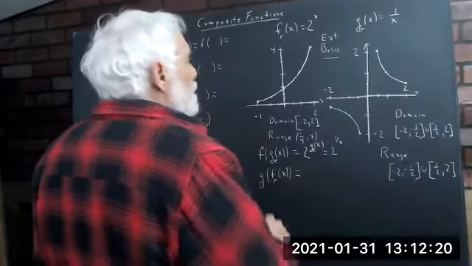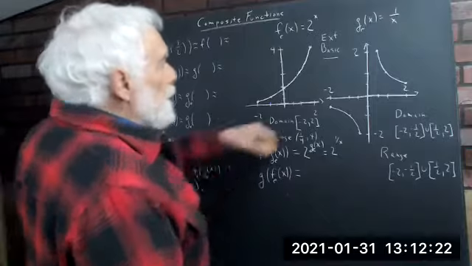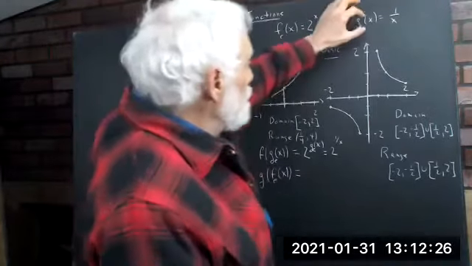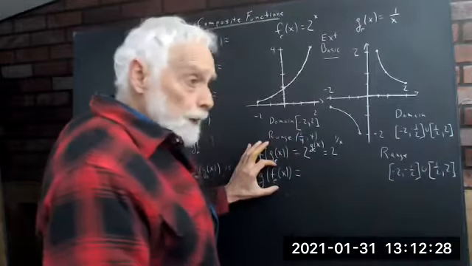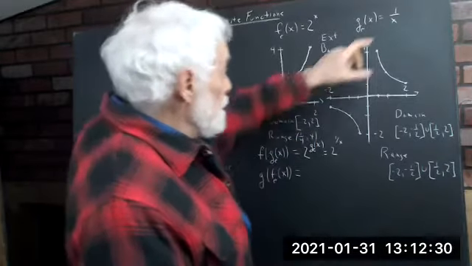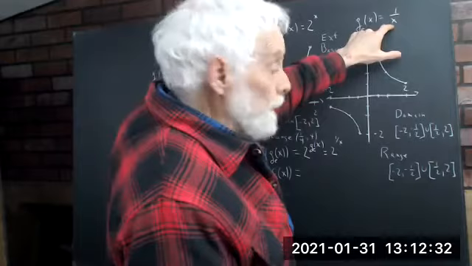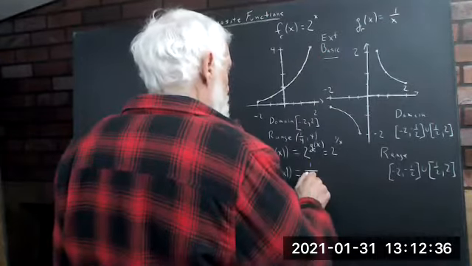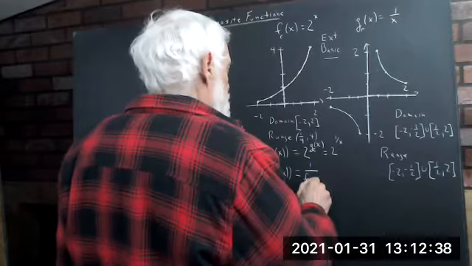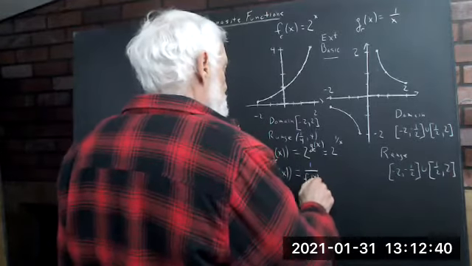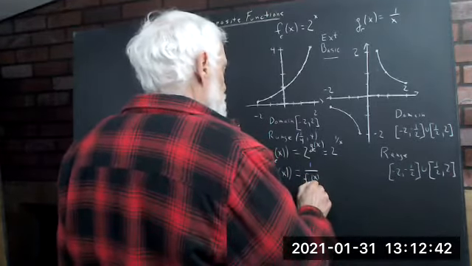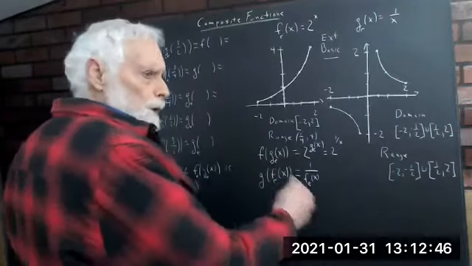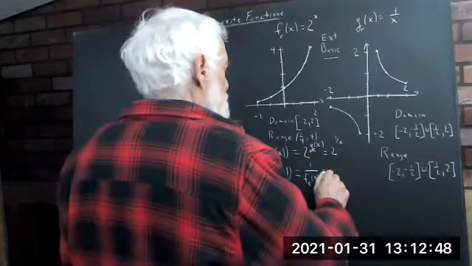And g of f sub e of x: g sub e of x is 1 over x. So if instead of x we put f sub e of x in here, then we're going to have 1 over f sub e of x.